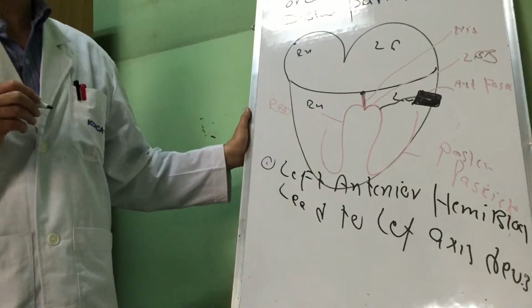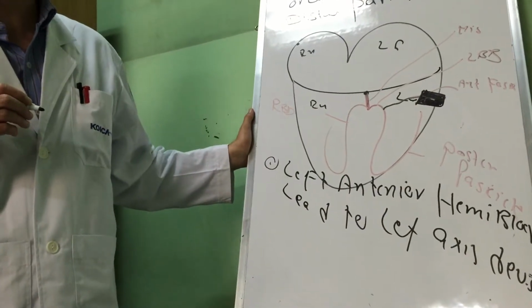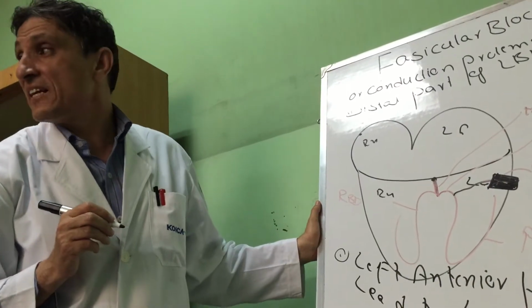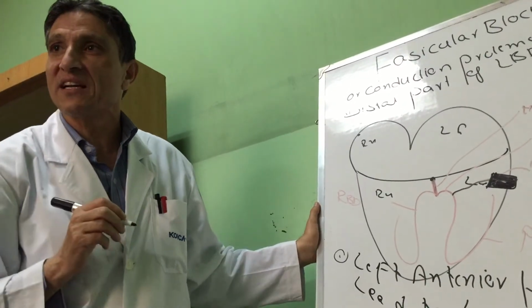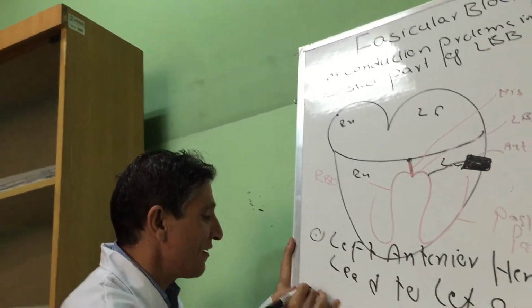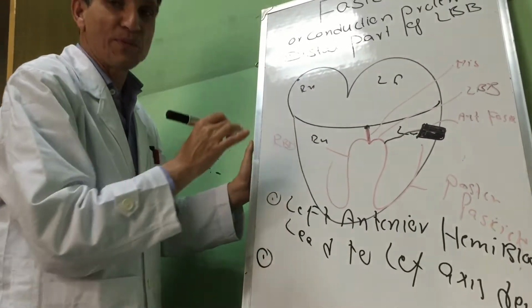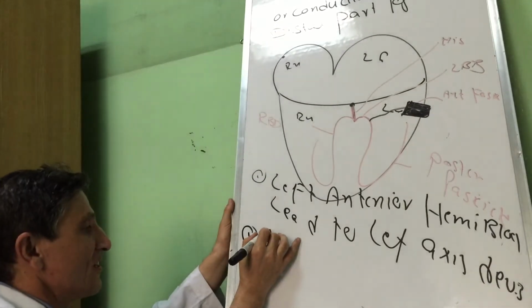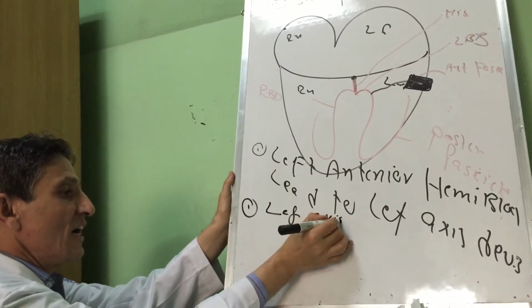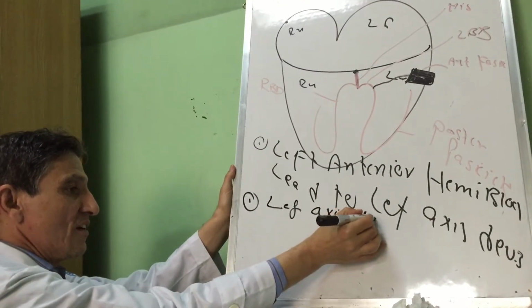What would be the ECG key points of a patient who is having left anterior fascicular block, which leads to left anterior hemiblock? Number 1, this patient is having left axis deviation.